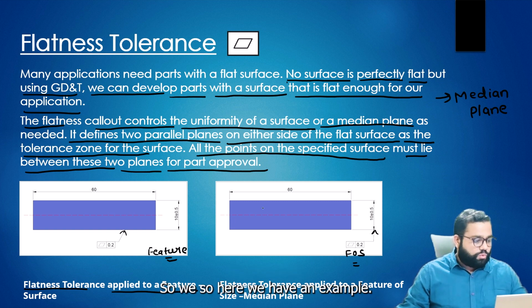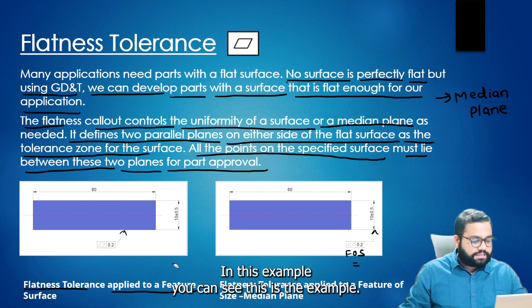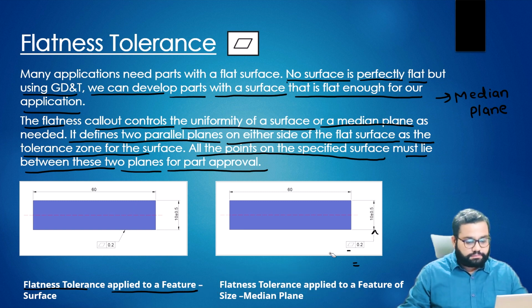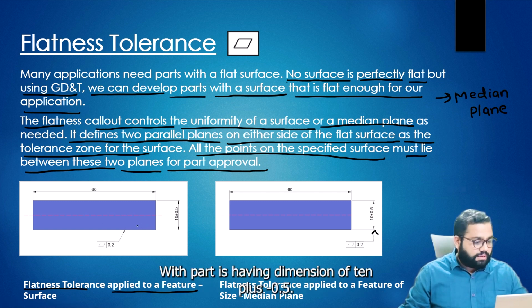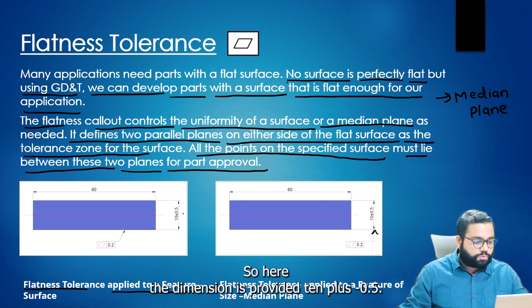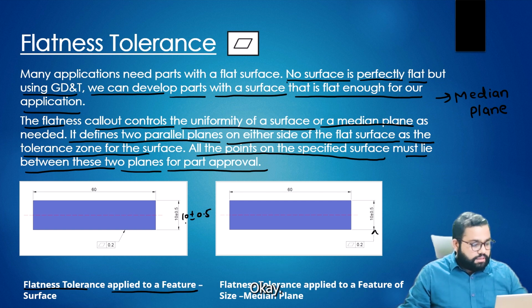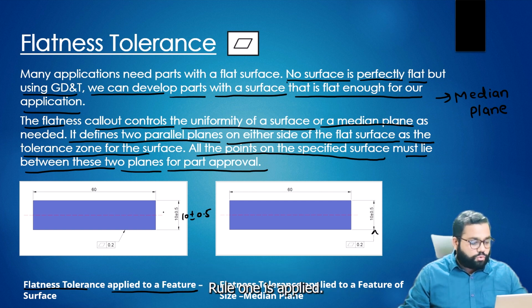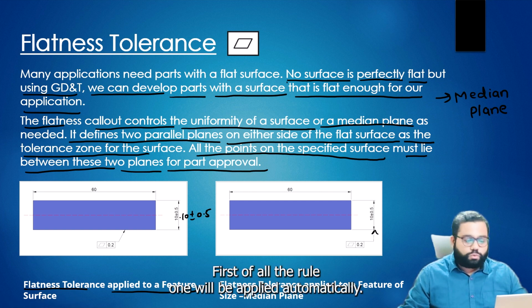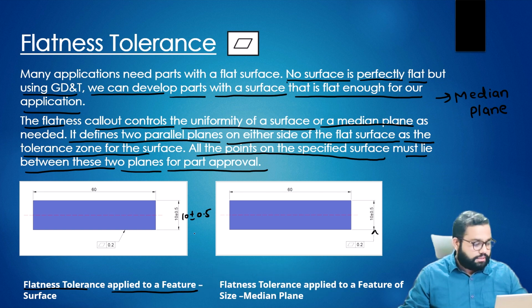Here we have an example of a feature. The part has a dimension of 10 plus minus 0.5 mm. Since I haven't applied any geometric tolerances until now, Rule 1 is applied automatically.